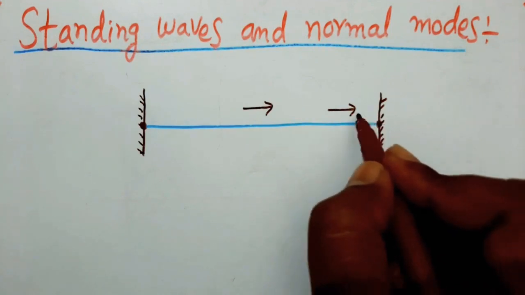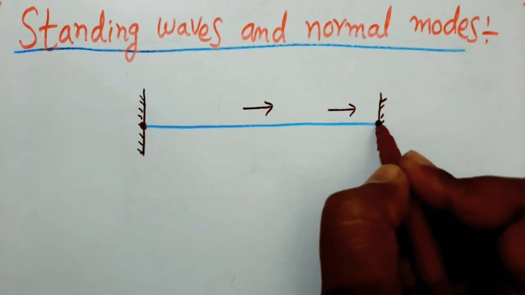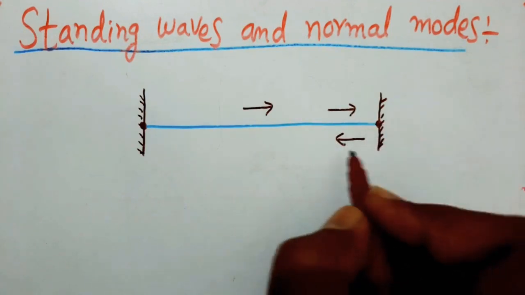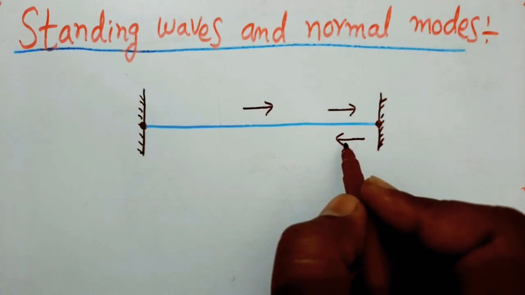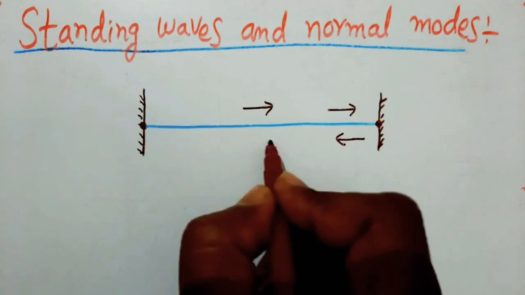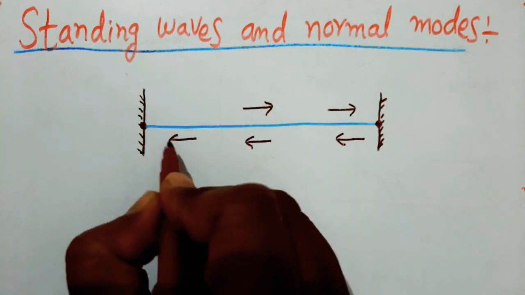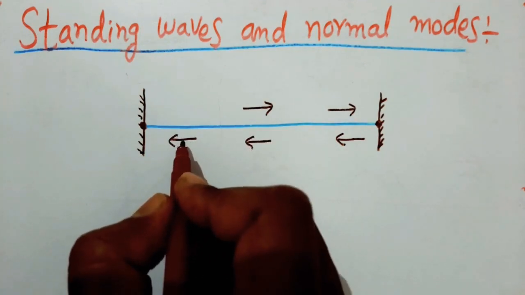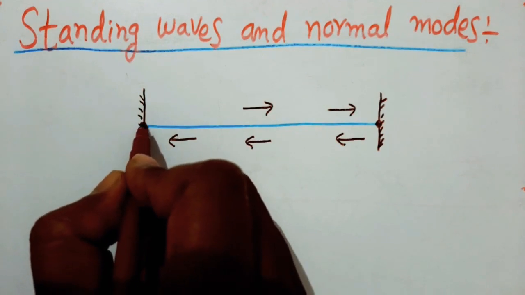At this end, the wave gets reflected. So this reflected wave travels to the left side. This wave at this end gets reflected.